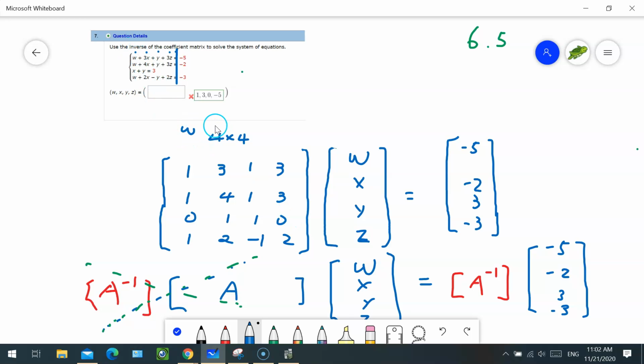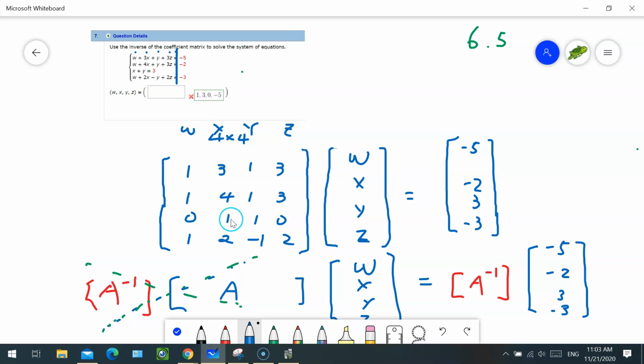So this is the x term. The first term is w, x, y, and z. If the orders are different, you have to rearrange them. The third equation has only x and y, so I put a 0 under the w.